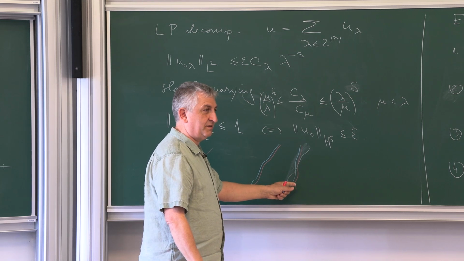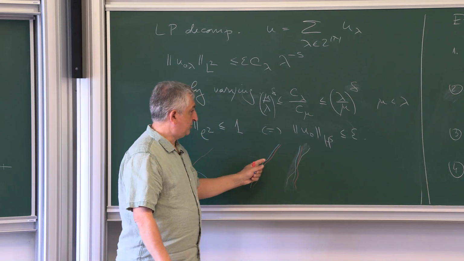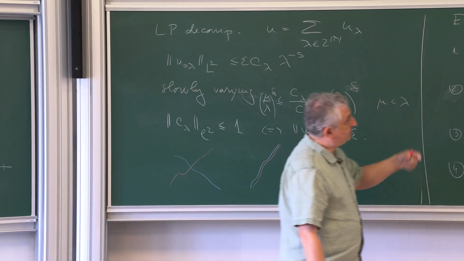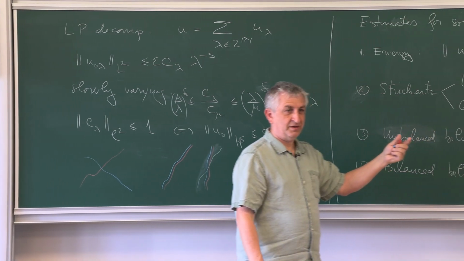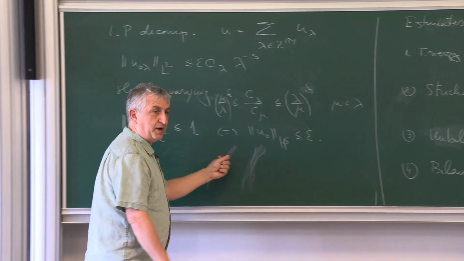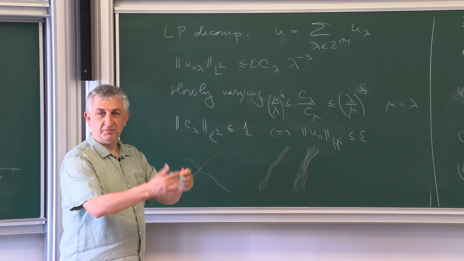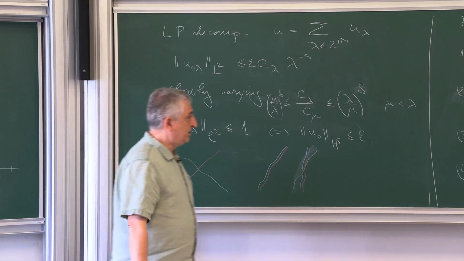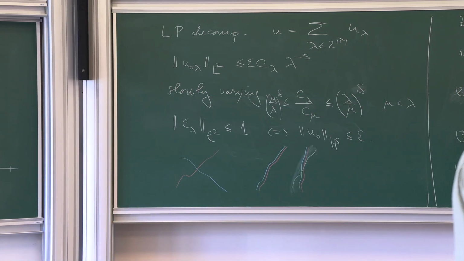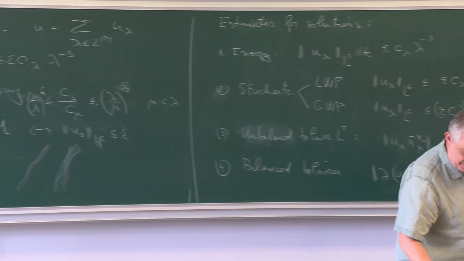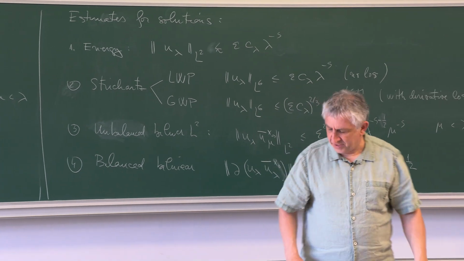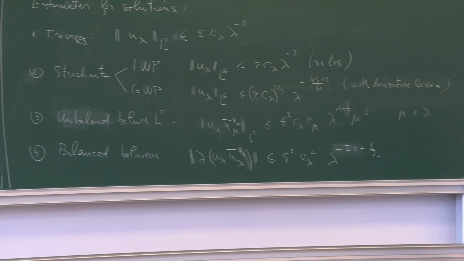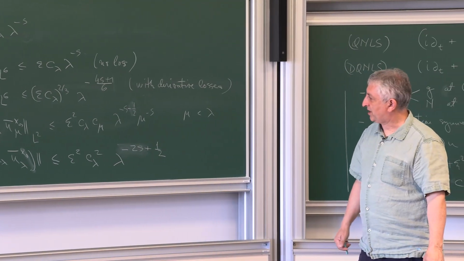The reason these are not parallel is because now we're looking at the variable coefficient metric, so the geodesics are not parallel at different points because the metric is varying. This means that I have a problem with this estimate when I have parallel interactions.